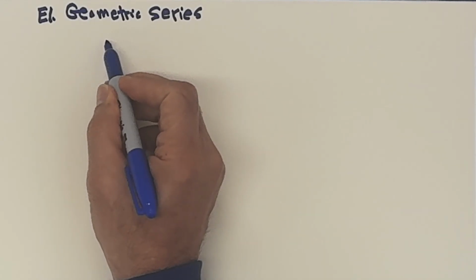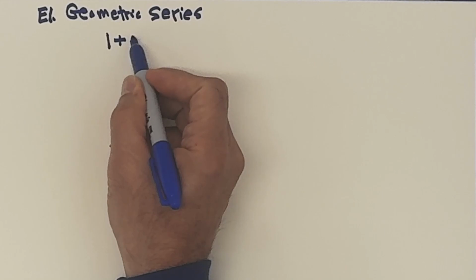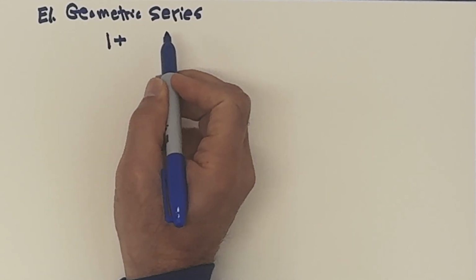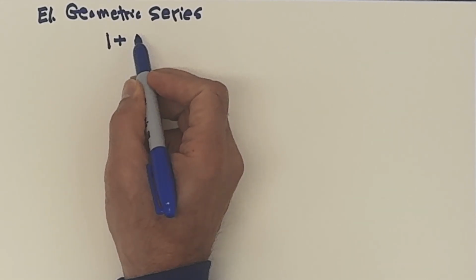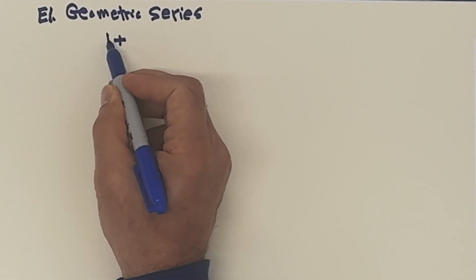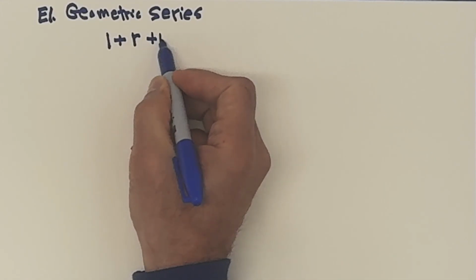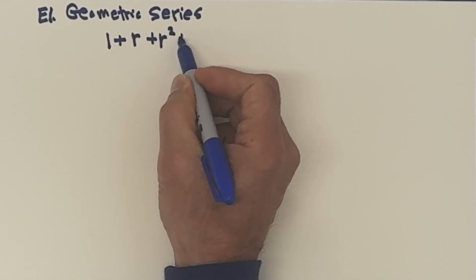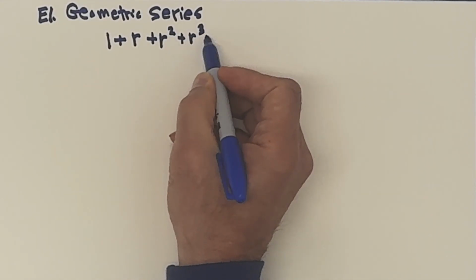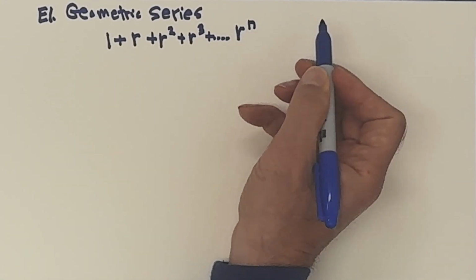I'm going to pick 1 to start with, and then add a factor that we're going to be multiplying by consistently, term by term. So I'm going to pick r for the factor. R times 1 is r, and then r times r is r squared, and then r cubed, and on to some r to the nth power.